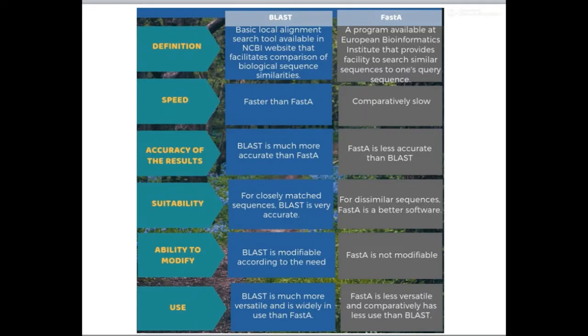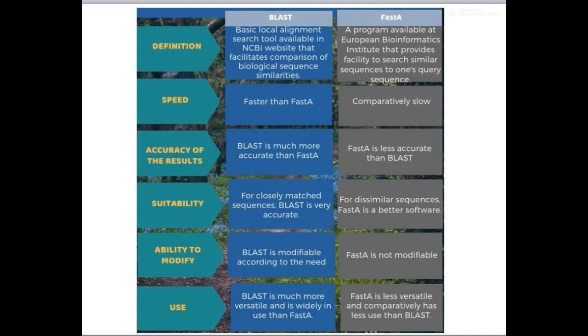In the case of BLAST, it is defined as the Basic Local Alignment Search Tool available in the NCBI database, as we mentioned earlier. FASTA is a program available at the European Bioinformatics Institute that provides a facility to search for sequences similar to one's query sequence. The speed of BLAST is faster compared to FASTA.